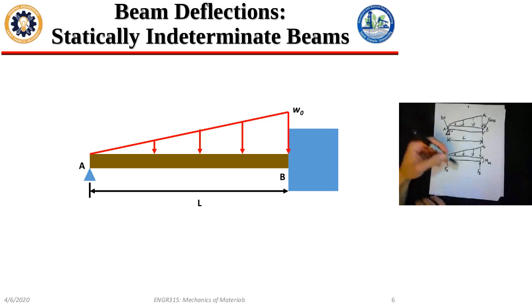So we got this. My next step would be to throw down some positive directions for the forces and moments. So if I say summed moments at B, what would they be?